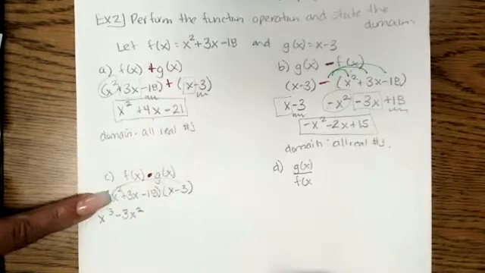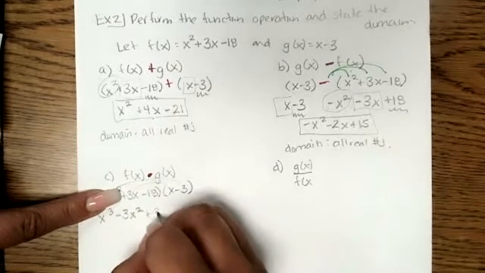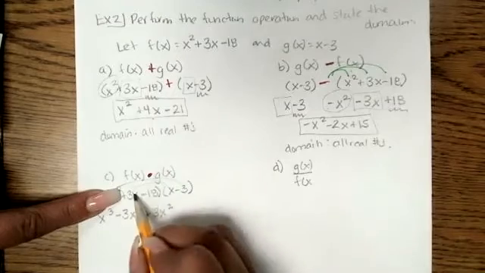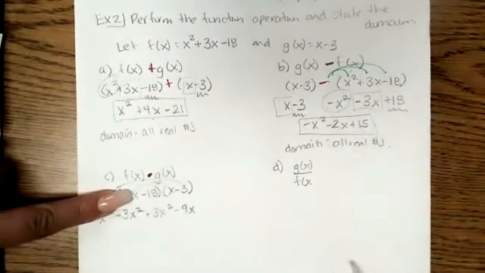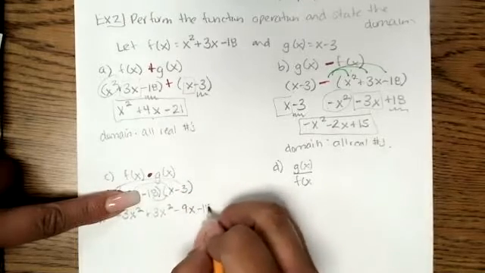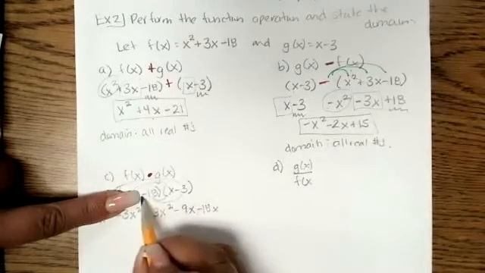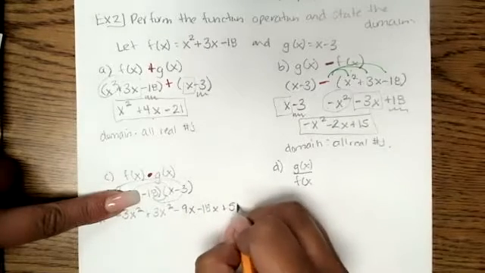I'm done distributing the x squared. 3x times x is 3x squared. 3x times negative 3 is a negative 9x. Negative 18 times x is negative 18x. And then a negative times a negative is a positive, and 18 times 3 is a positive 54.